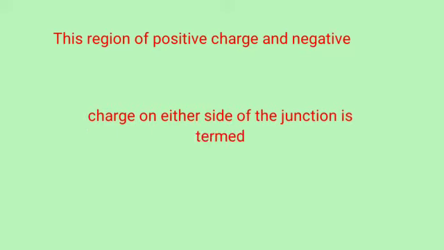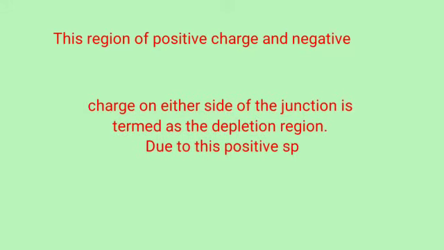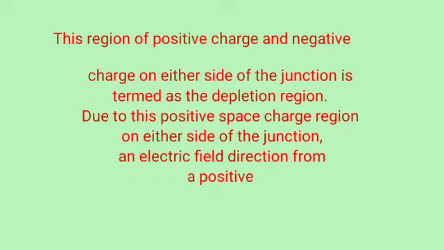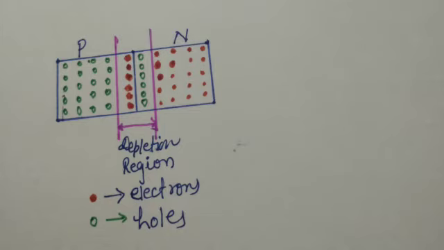The region of positive charge and negative charge on either side of the junction is termed the depletion region. Due to this space charge region on either side of the junction, an electric field directed from the positive charge towards the negative charge is developed.